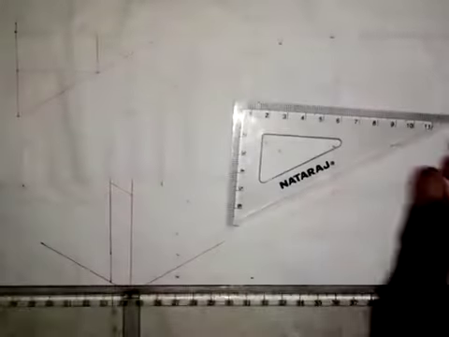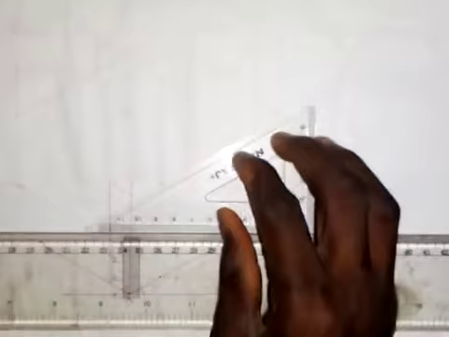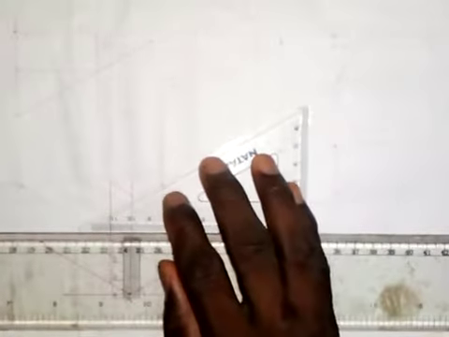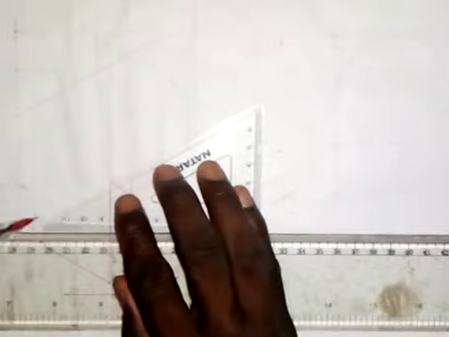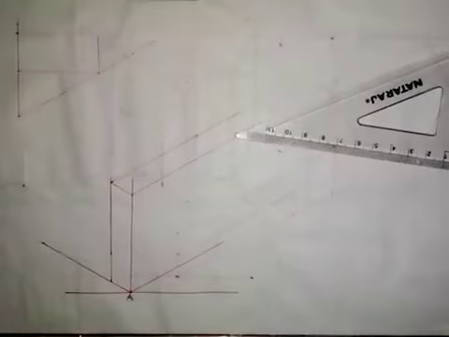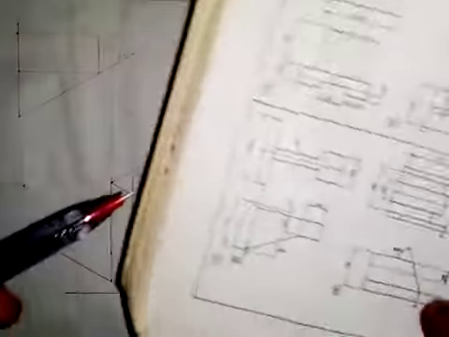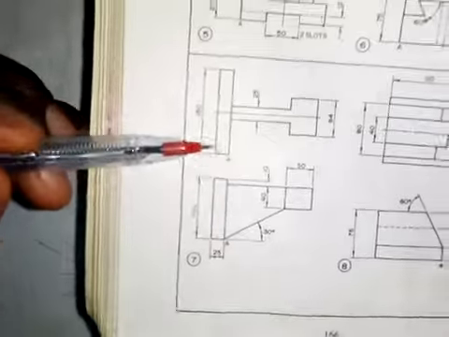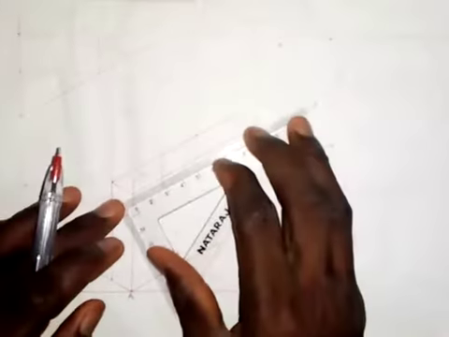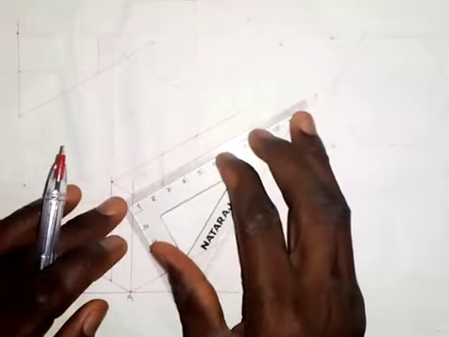What about this rectangle in the plan? What I just need to do is transfer this point to this side, and also transfer this to this side. I believe you have understood what I'm doing. We are told that this rectangle here is 150 millimeters, so 150 by 2 gives us 75. I'll take a measurement of 75 millimeters from here.